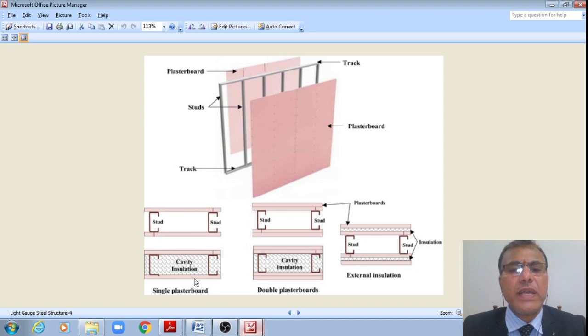Right, now like this, we can say at the bottom. Right, either we can use a single plasterboard on either side of this stud. Right, and inside these two studs what forms a cavity. Right, however, that cavity can be used for insulation purpose also.